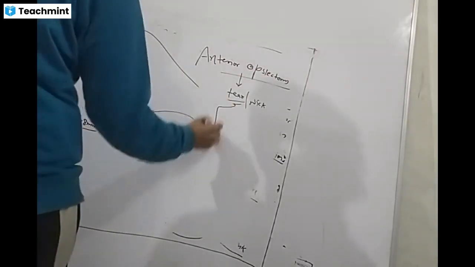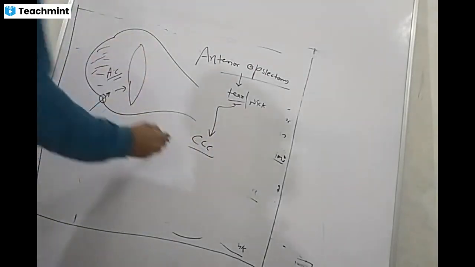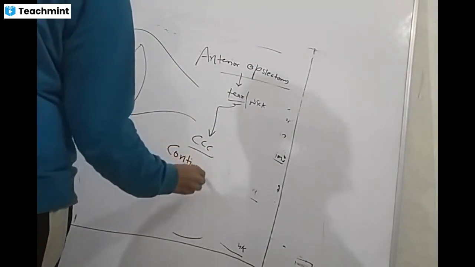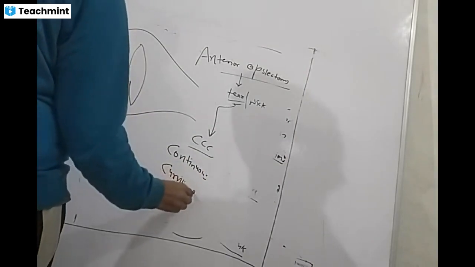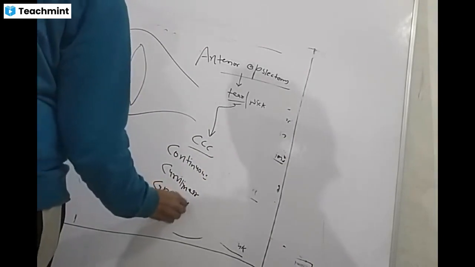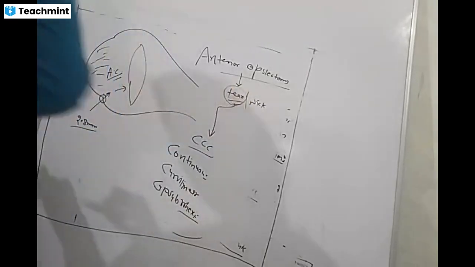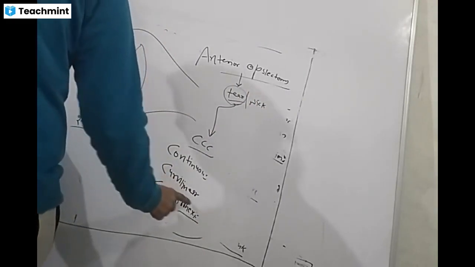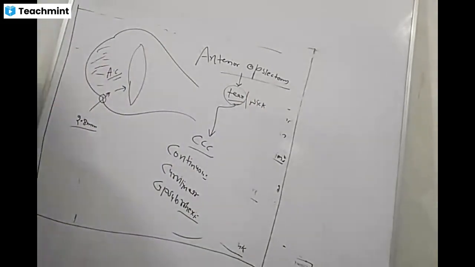The method of making it is known as triple C. This is continuous curvilinear capsulorhexis. Rhexis means tear. What is the meaning of this triple C?